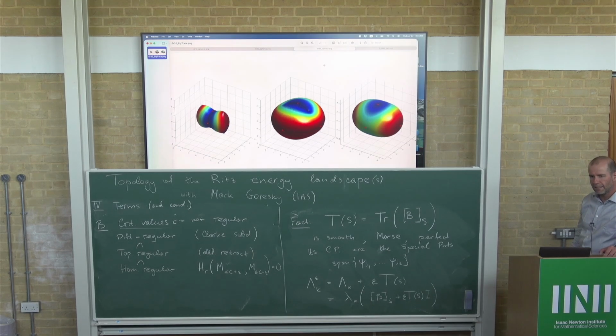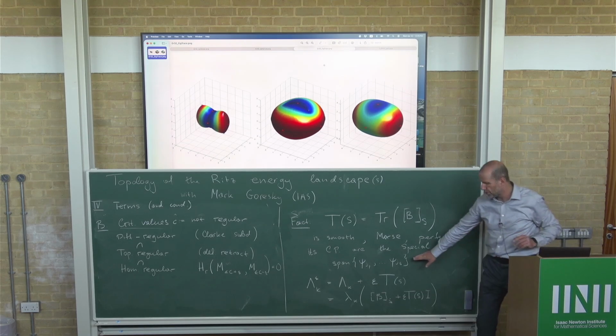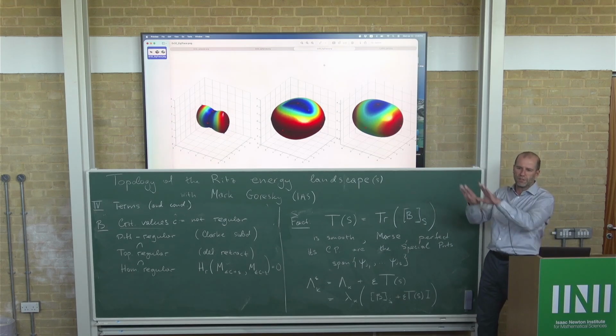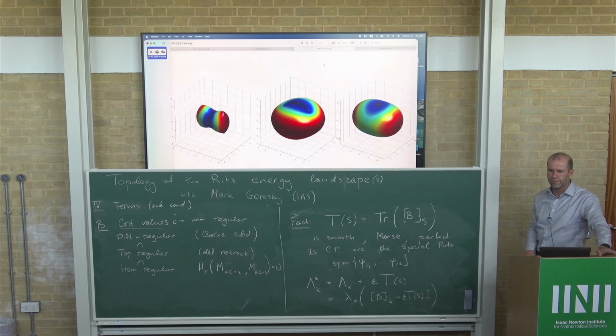Critical points are created along the deformation. We just honestly differentiate and show that at all other points other than the special point, we can always find a direction in which everything is growing. There is a slope.